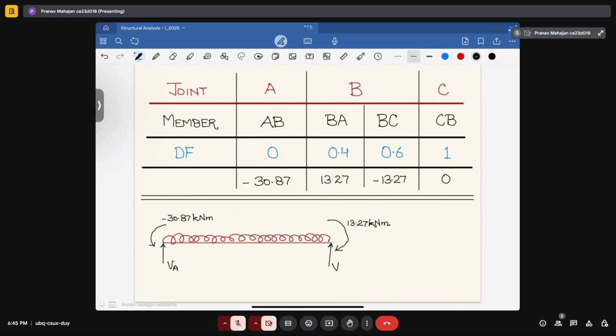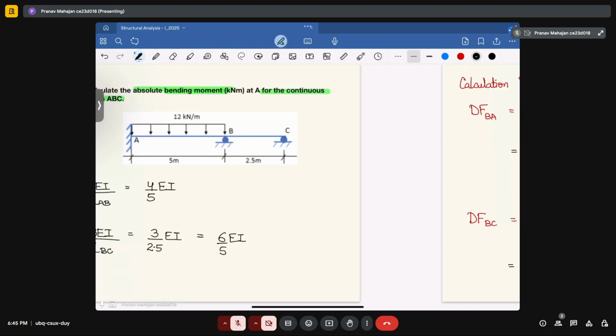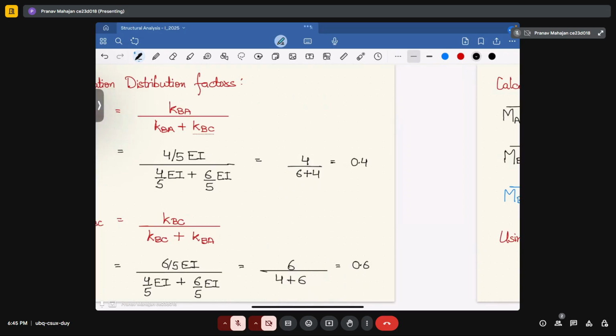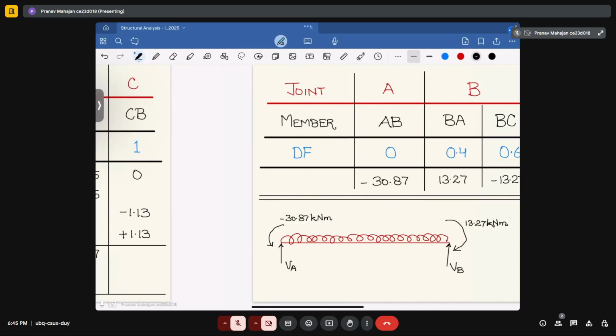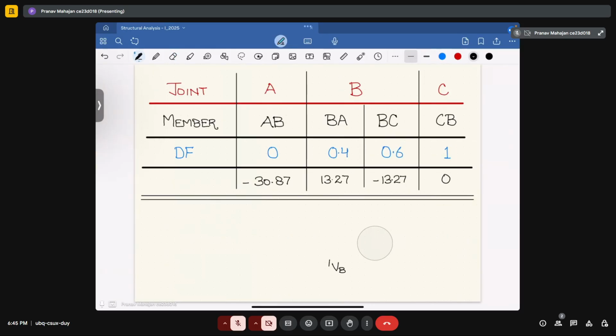Now, in this case, if we take summation of moment, what did I ask you in this question? You were asked to calculate the absolute bending moment. So the absolute bending moment you have already calculated to be equal to 30.87.